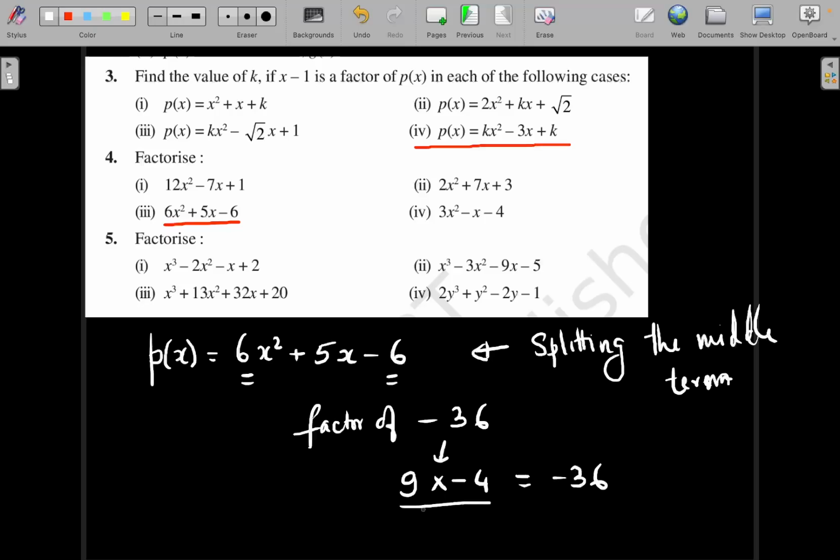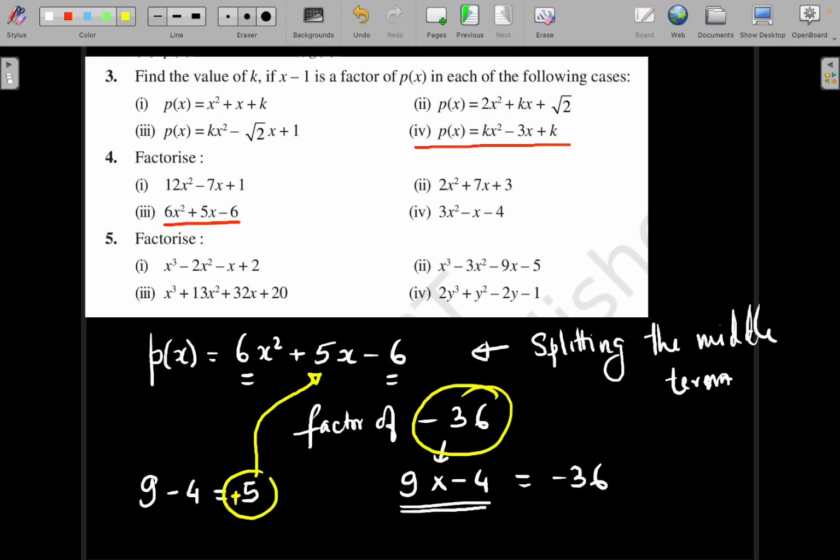Now what I need, the kind of combination I am looking for is 9 minus 4 is equal to 5, and that would mean that this particular split is good because I need a plus 5. See, I need a plus 5. So I need factors of minus 36 which adds up to plus 5, and I have just figured it out. It is 9 into minus 4.